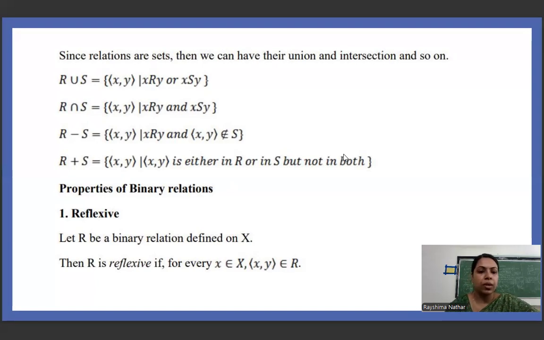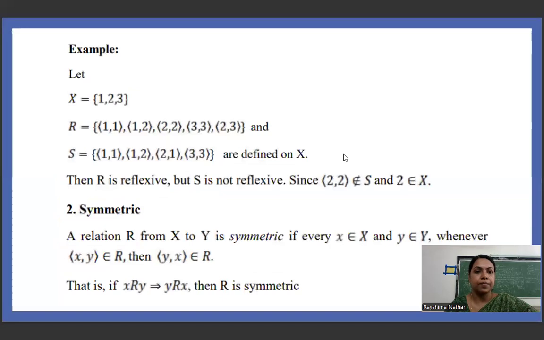Next important property in relation, the first one is reflexive property. Let R be a binary relation defined on X. R is reflexive only when every element x is related to the same element x in R. For example, here X is a set consisting of 1, 2, 3 and the relation R is defined as (1,1), (1,2), (2,2), (3,3), (2,3). And the relation S is defined as (1,1), (1,2), (2,1), (3,3).